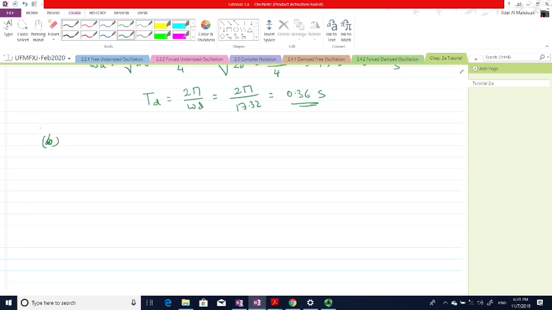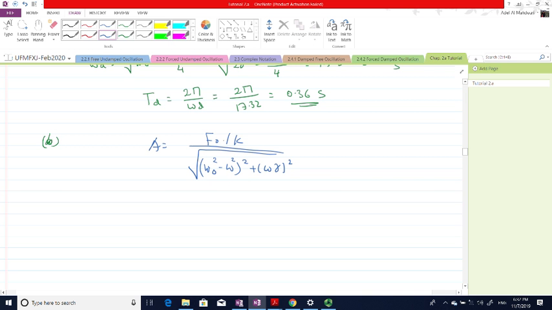If you use that formula, A is equal to F naught over K divided by the square root of omega naught squared minus omega squared, all squared, plus omega gamma squared. All right? So now we have this formula.